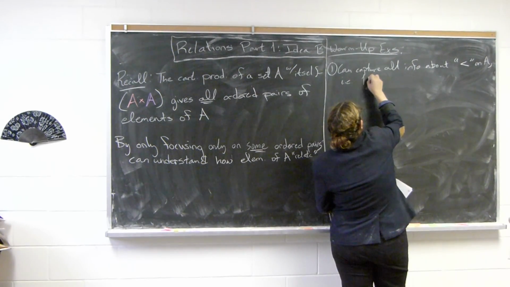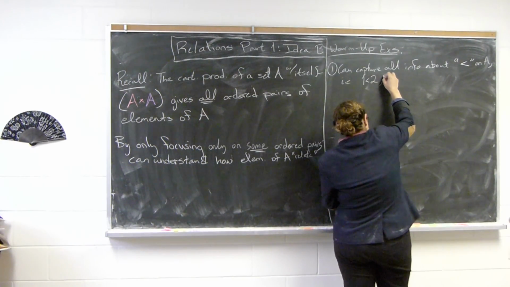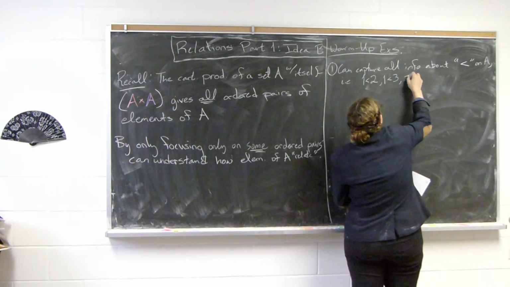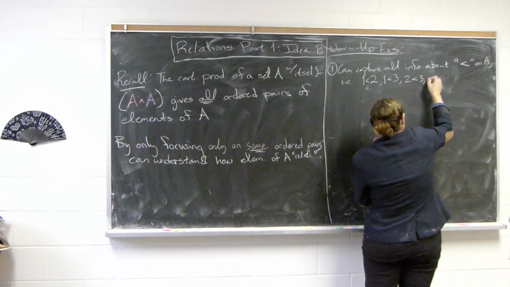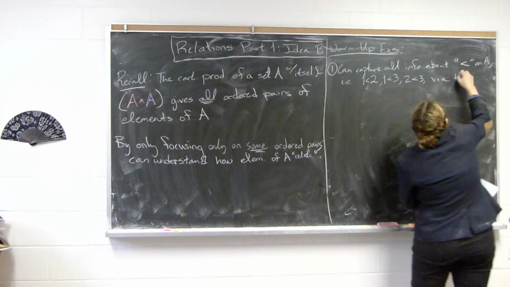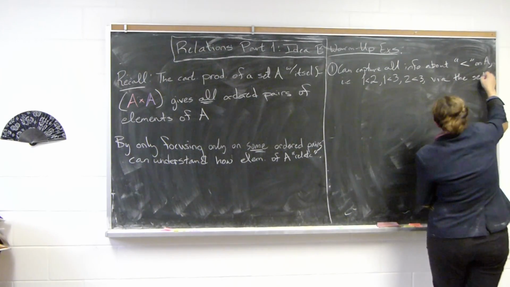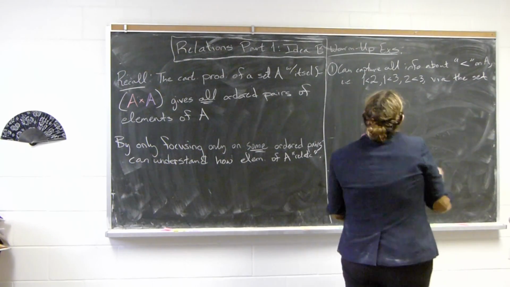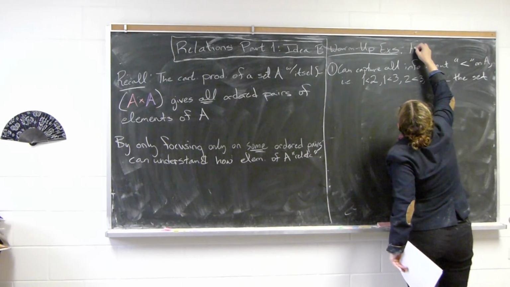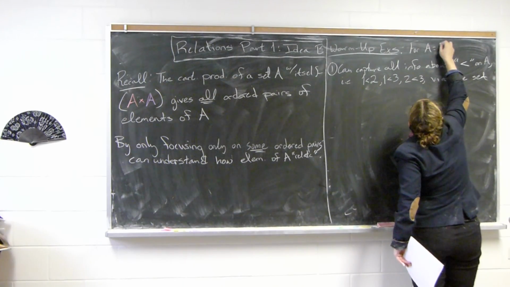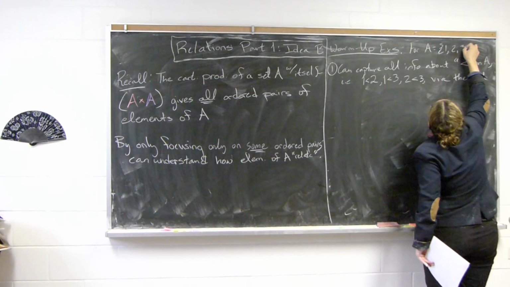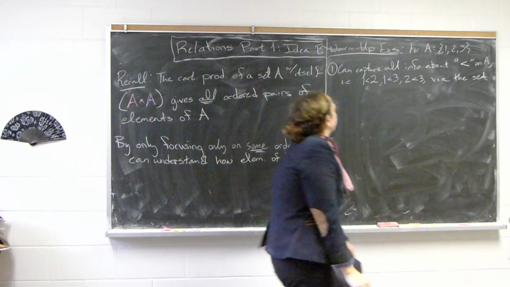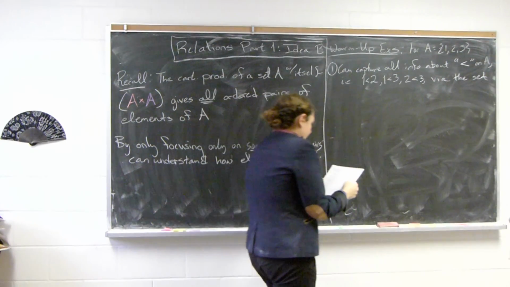We know that 1 is less than 2, 1 is less than 3, and 2 is less than 3, and that's actually all the information there.